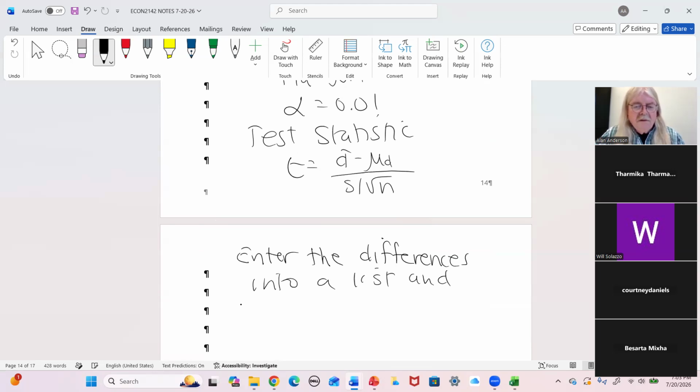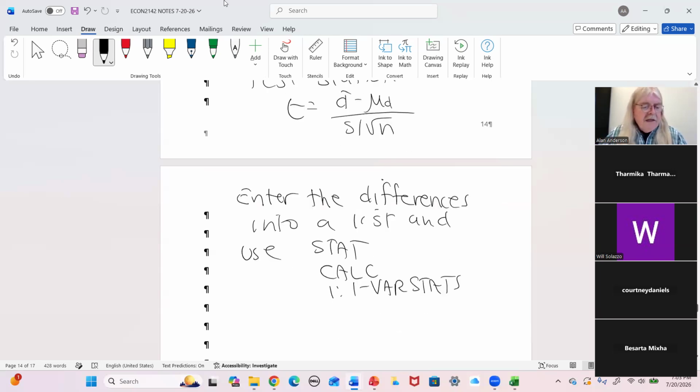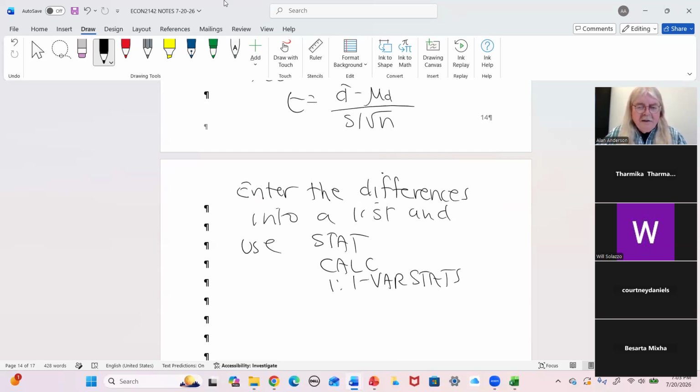and use stat, calc, stats. And what you're going to get, again, oh, and make sure it knows what list you want.